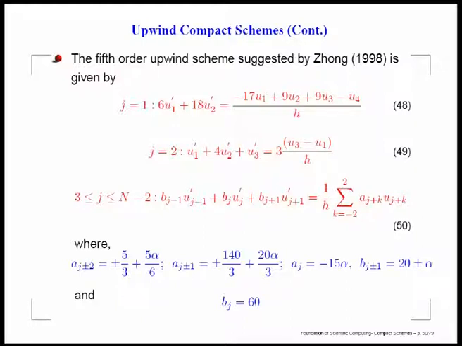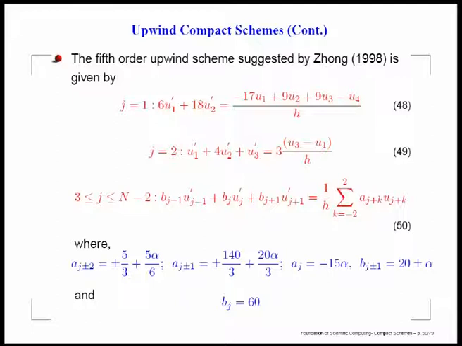That is one of the key ideas of central schemes, that they have to be perfectly symmetric. However, by design you can see Bj plus 1 and Bj minus 1 are tweaked. They are not the same. One is added with alpha, another is subtracted by alpha, right. So, that is how we are actually introducing upwinding there.